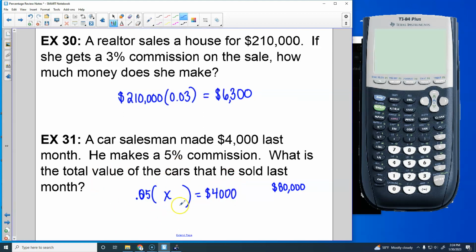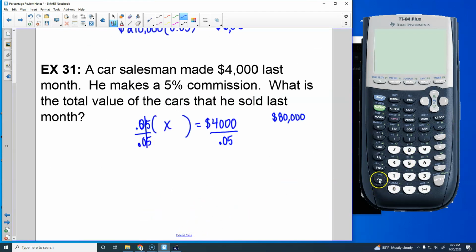How do we solve that? How do we get that X by itself? We divide by 0.05 because you're doing 0.05 times your X. So to get rid of it, you divide by 0.05. And so 4,000 divided by 0.05 is 80,000.